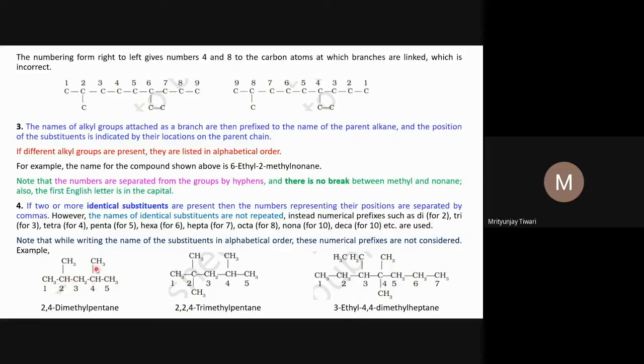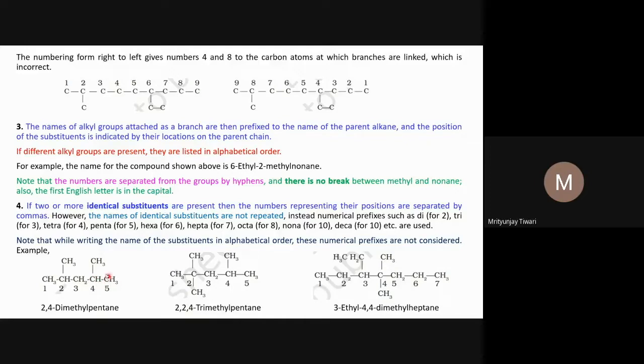So the longest continuous carbon chain has 5 carbon atoms from any direction you count. Then we see the branching taking place at two positions, the second and the fourth position. These are all methyl groups only. The main hydrocarbon is pentane. The root chain, the parent chain name, will be pentane.